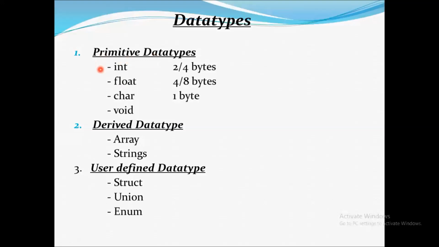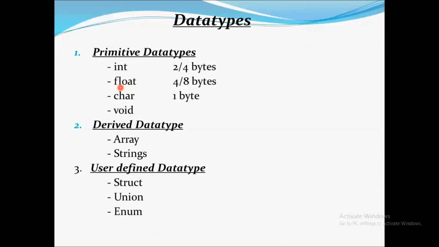For example, integer, float, character, and void. They are subcategorized into 4 types, where integer can have any integer value, let's say positive or negative, but an integer value. A float can have a decimal value, that is a value with a precision.